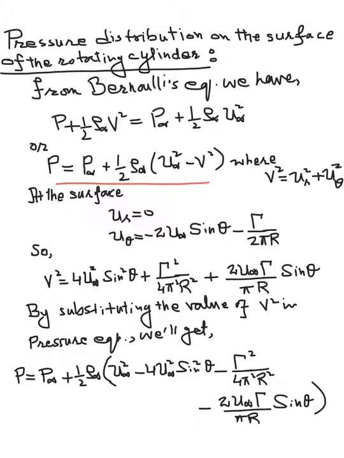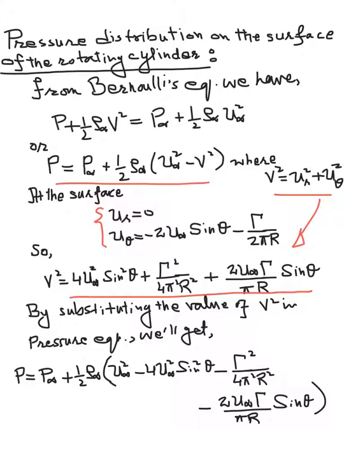Now remember that we have two velocity components at the surface of the cylinder. So the magnitude of this can be combined using this equation, which is this form here.